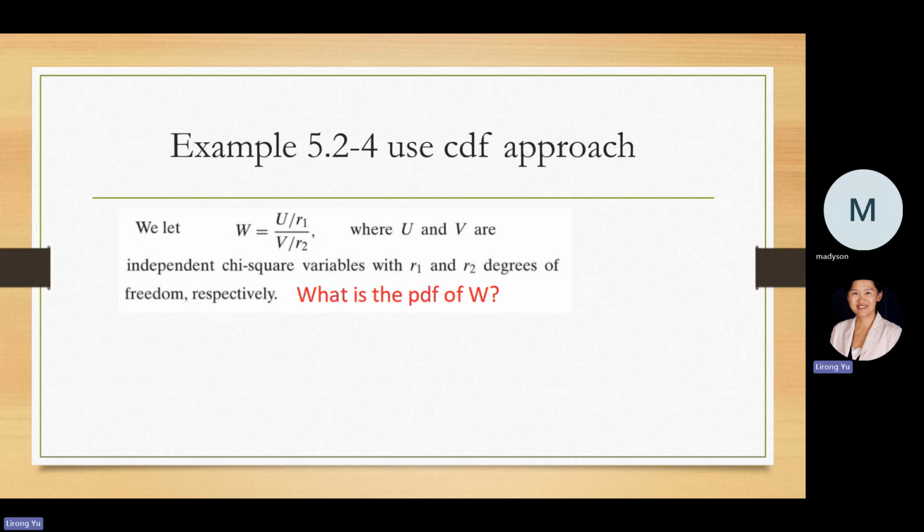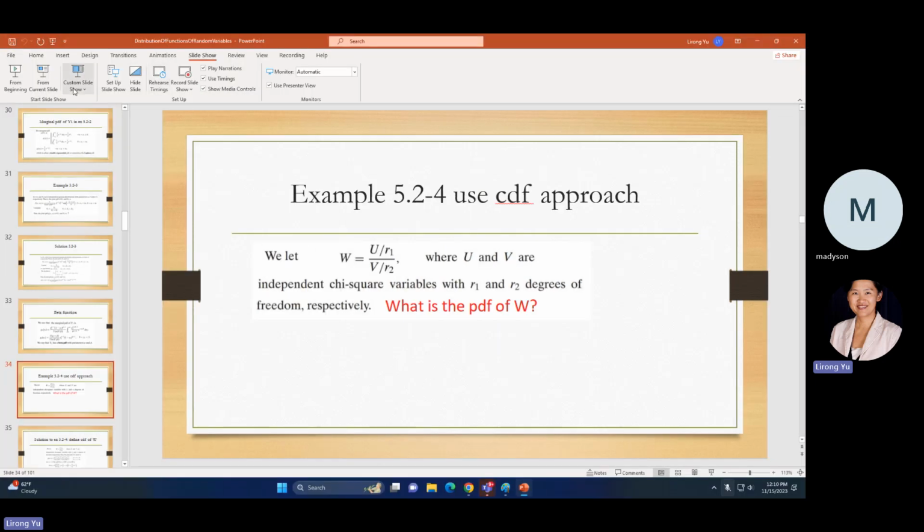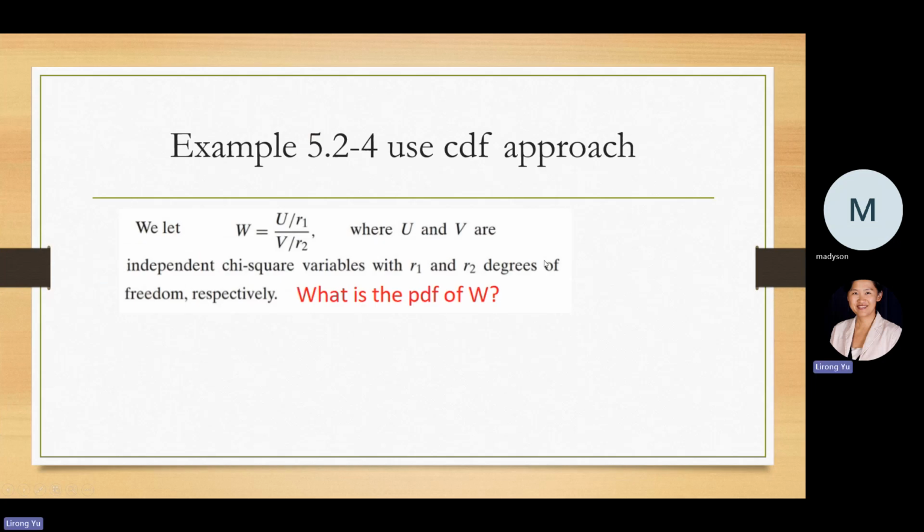All right, so let's define one more thing that is popular in the later half of the book on statistics. What if you have a variable defined by the division of 2 chi-square distributions? Suppose U is a chi-square distribution with R1 degrees of freedom, and V is another chi-square distribution with R2 degrees of freedom.